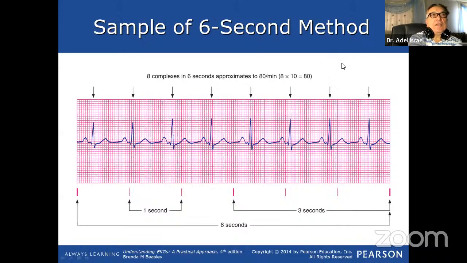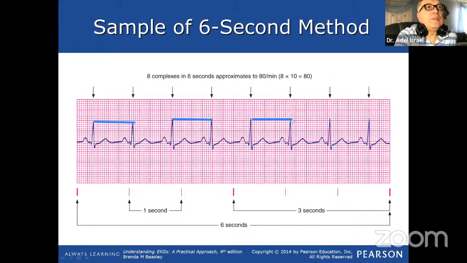So this is the first method for us to calculate the heart rate. And you also have to learn from this strip whether this heart rate is regular or irregular. I told you the rule of regularity or irregularity depends on the distance between R and R. So here, the distance from R to R is the same as here. It is the same as here.